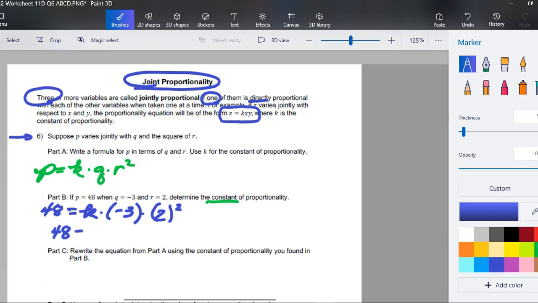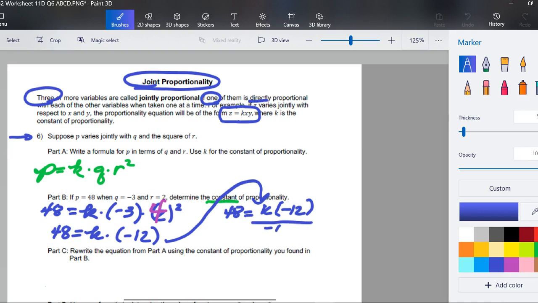I'll go ahead and write that 48 is going to be K times, well, we've got 4 times a -3, so that's going to put us at K times a -12. Move this all over here, and the 48 equals K times our -12. So let's divide both sides by -12.